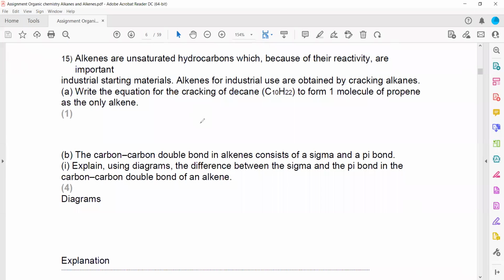So C10H22 cracks to give propene. Prop means C3H6, plus the remaining: out of 10, 3 are there, so C7 will be there, and out of 22, 6 are there. Because one is alkane, the other one should be alkene. So this is the cracking equation for decane.